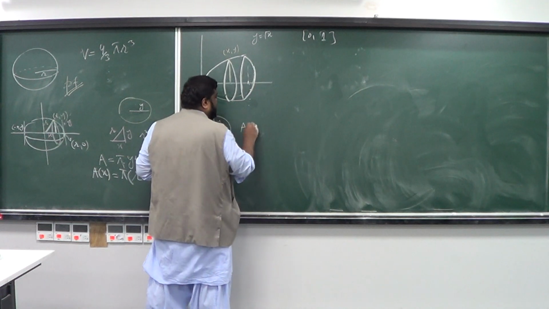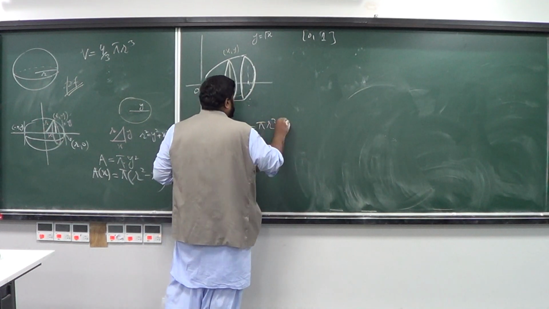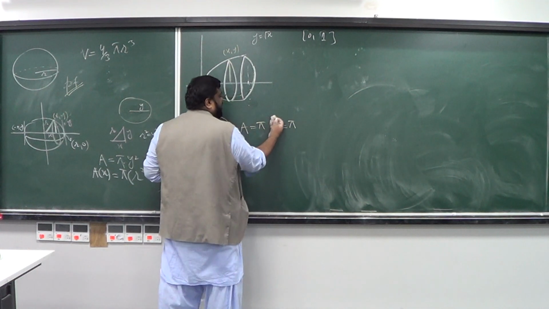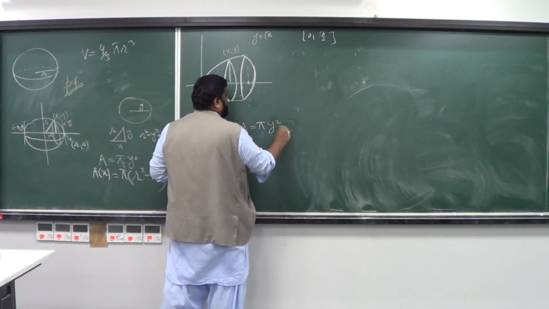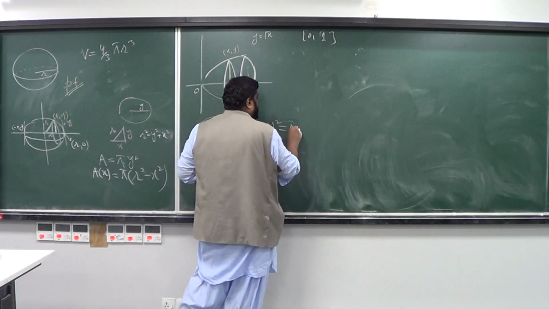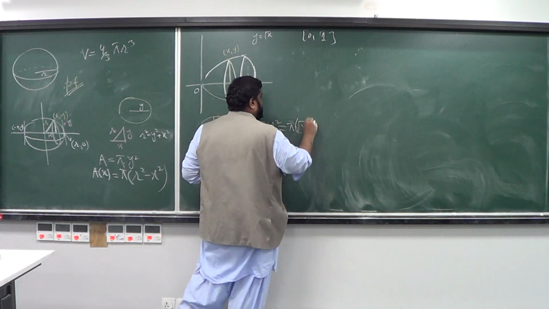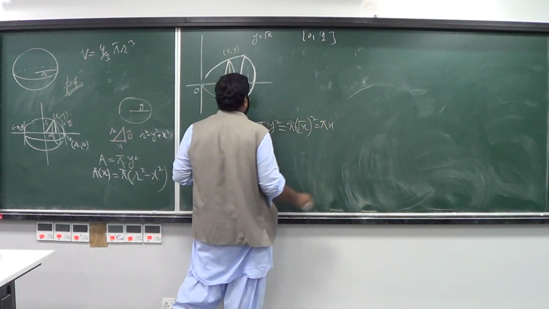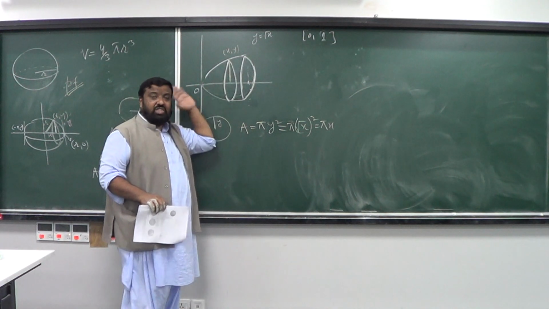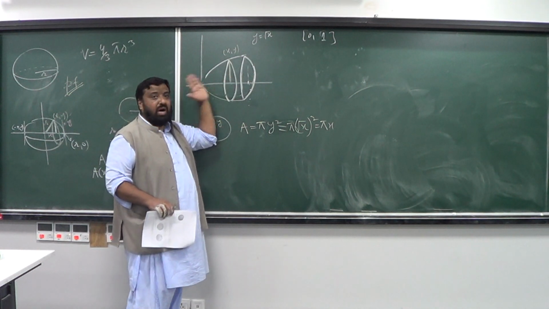So what would be the area of this disc? The area of this disc is going to be pi r squared. But the radius is y, so it's going to be pi y squared. But y is the square root of x, so it's going to be pi times square root of x squared, which is pi x. Hence you got the area of a cross section of this bowl.